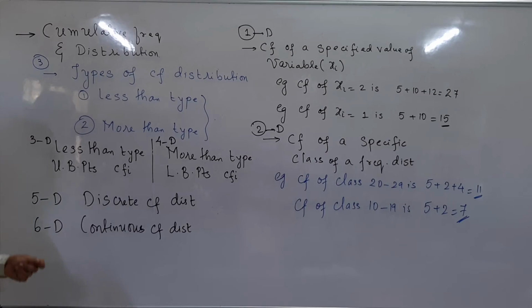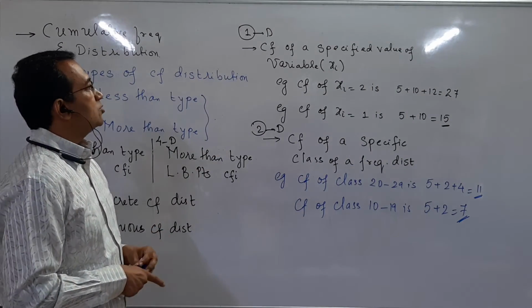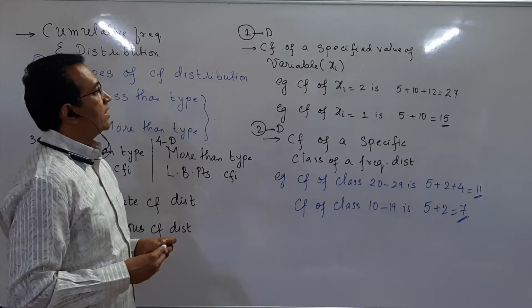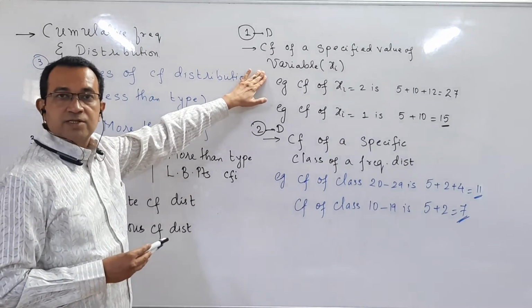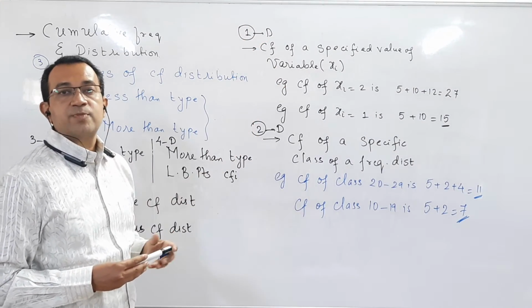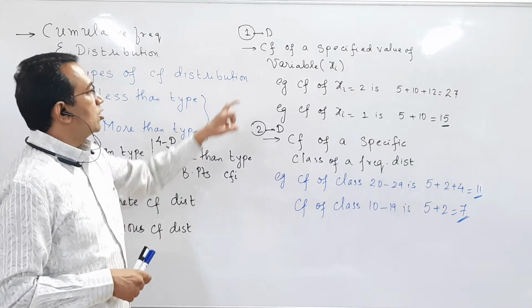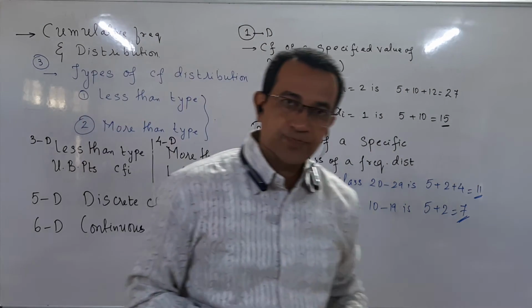So let us revise these definitions in nutshell. First definition, cumulative frequency of a specified value of variable. The sum of frequencies of all xi less than or equal to that specific value is called cumulative frequency of that value of variable.